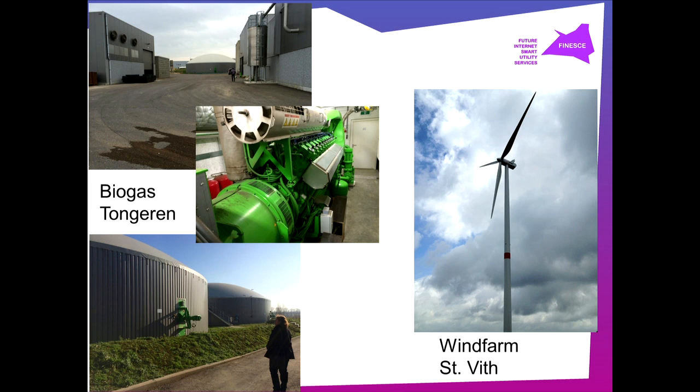To give you a feeling, to substitute one typical soft coal power plant, you need 1,500 of these installations. In this case, the area 50 kilometers around Tongeren, which comes close to Brussels, is used to get the corn. So you also have some problems finding the energy to really substitute 100% of what we are producing.